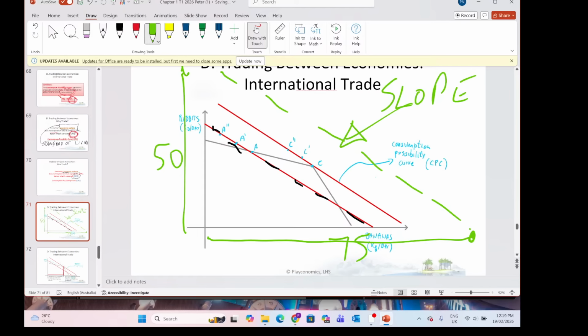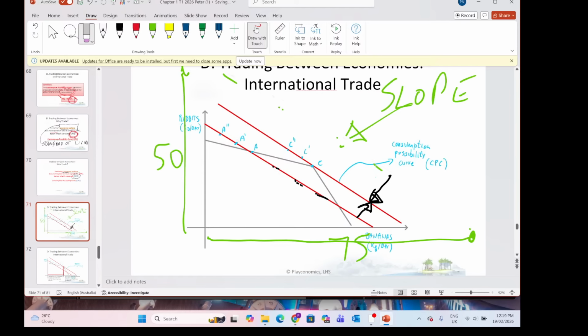And what we want students to do is to be able to move this line wherever we choose to draw it in the first place. It doesn't matter where we draw it, just the slope that matters. Where we want this line to wind up, though, is at a tangent to our production possibility line.